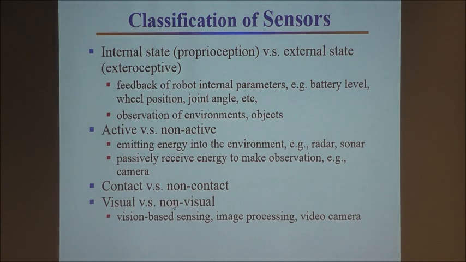Can it be visual or non-visual? Vision-based sensing, image processing, video camera. Many applications are, as I said, for example, that particular project of Nico's group using vision feedback to control ground vehicles.